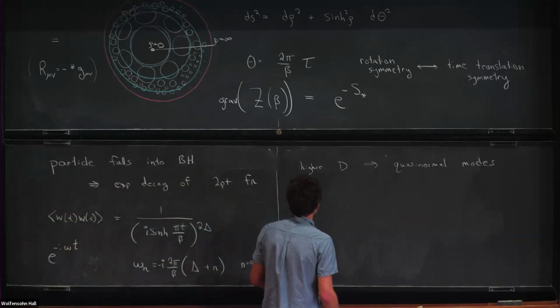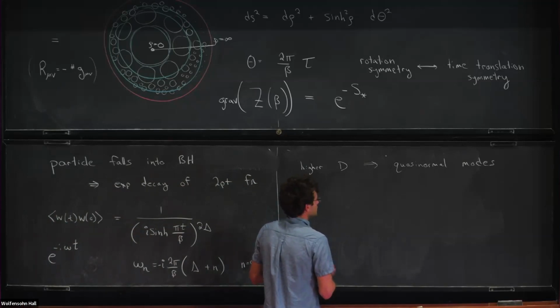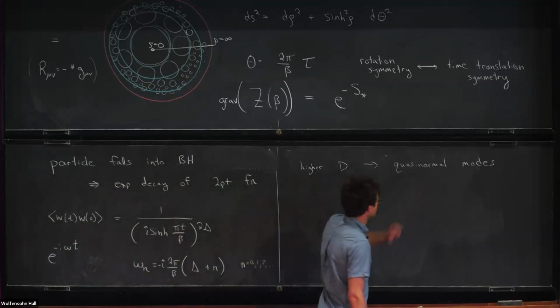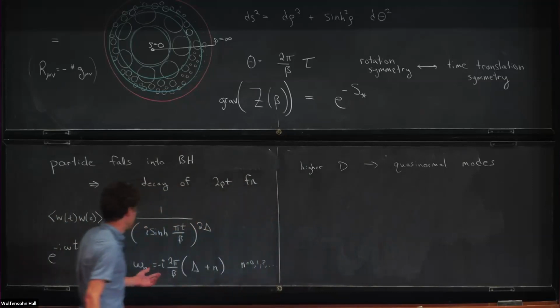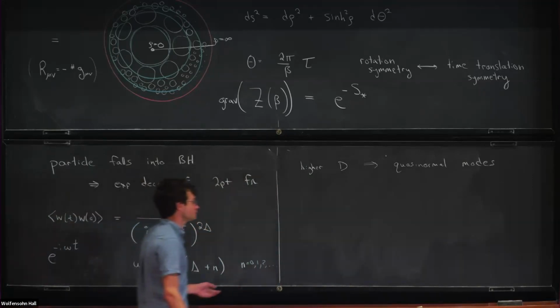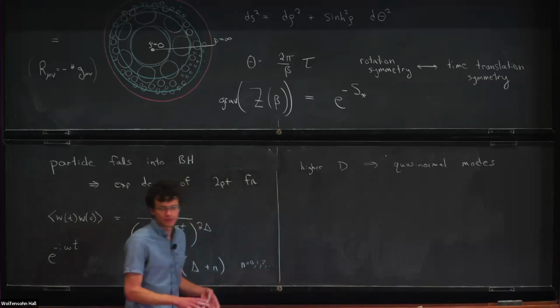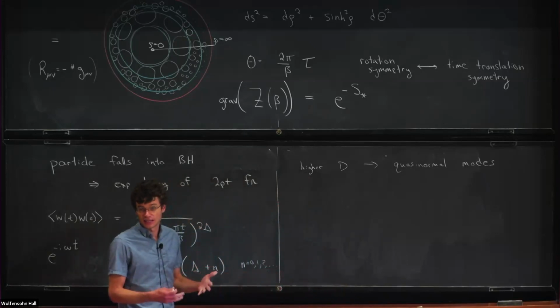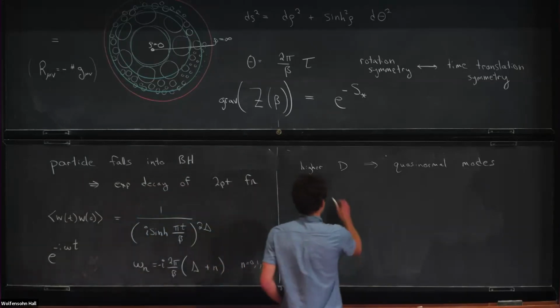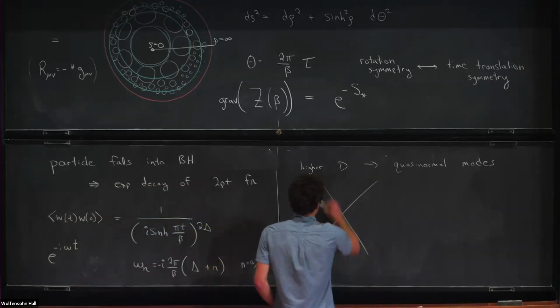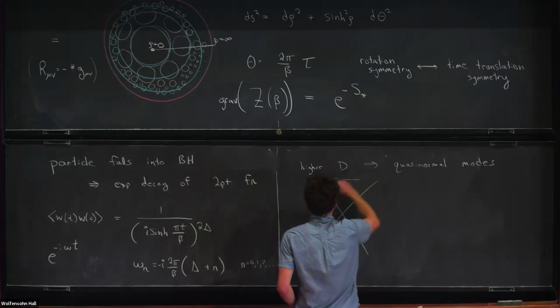There's a kind of interesting alternate perspective on these quasi-normal modes, these numbers that describe the decay of the 2-point function, which is that they can be thought of as a type of eigenvalue problem. So let's draw again our Lorentzian black hole.